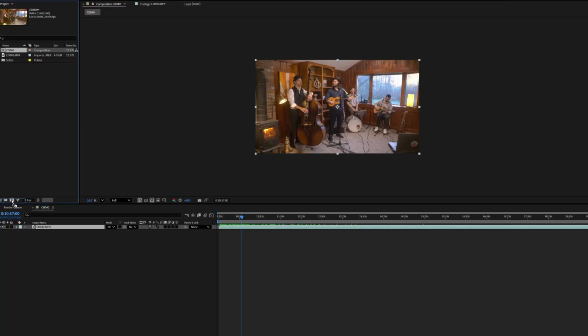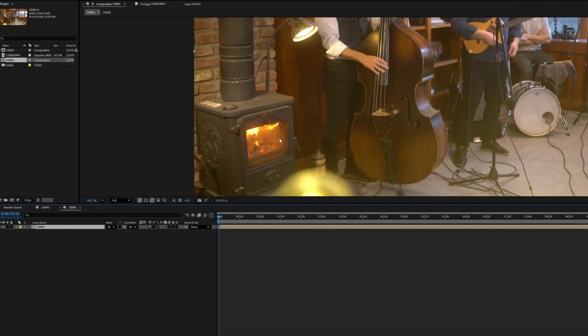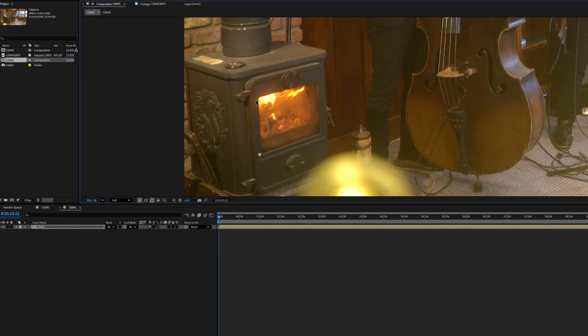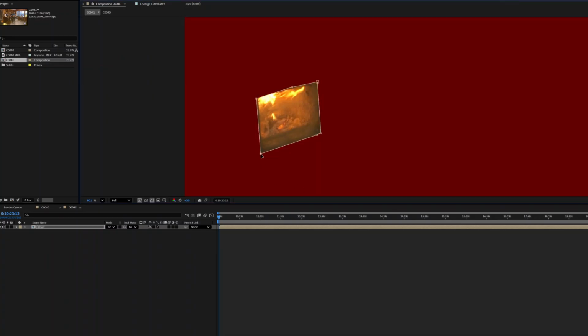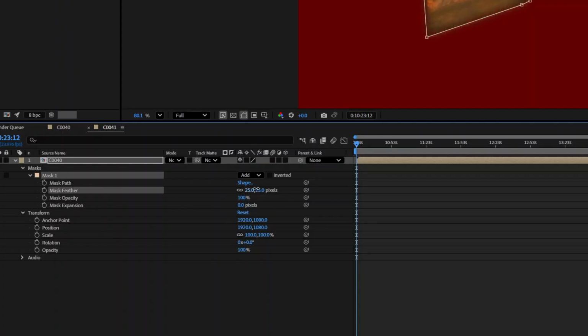So what I did is went ahead and made a second composition of that, and then went in and started masking out our fireplace. I'm going to go down here and maybe add a little feathering around it, maybe expand it outward. And now what we have to do is, as it moves, find the endpoints. Because as you see, as it moves, I've got to move the fireplace over to there.